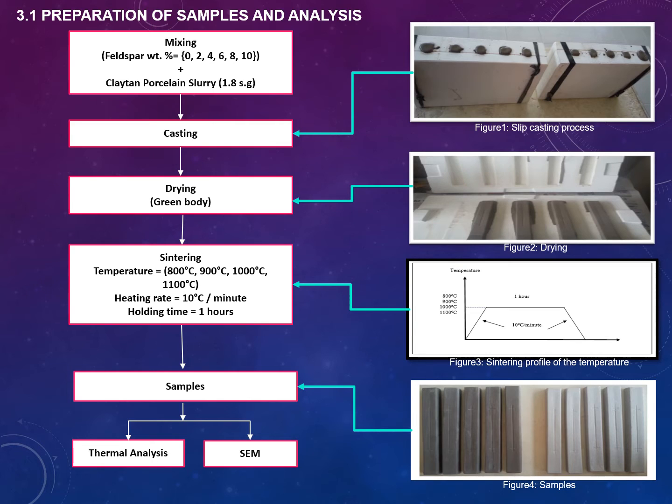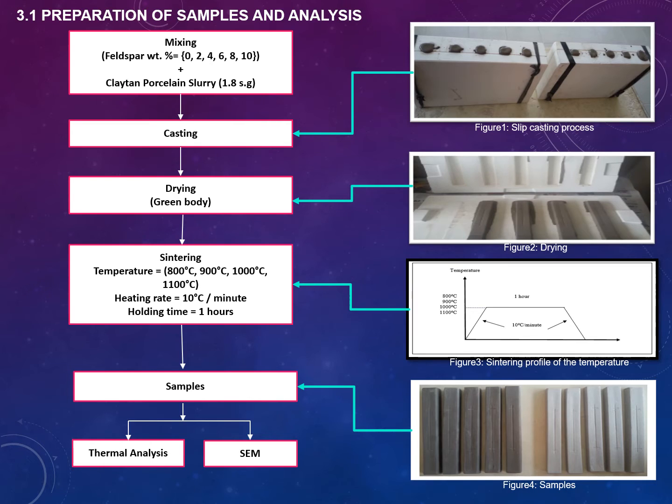The slurry of CLAYTAN porcelain mix was prepared by an agitator mixer. Figure 2 shows the drying of the sample body. Figure 3 shows the sintering profile against temperature. Slip casting was used as the processing method.